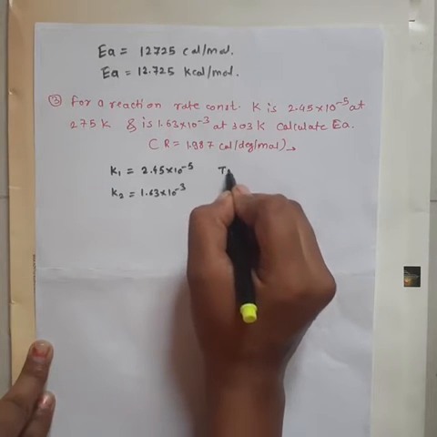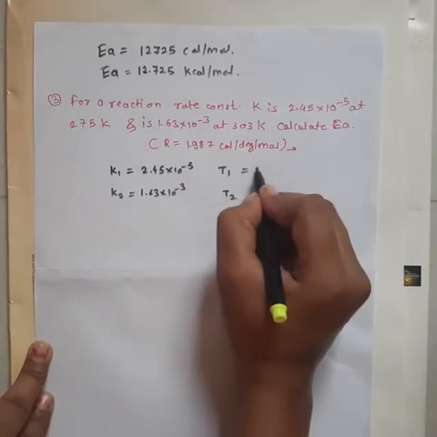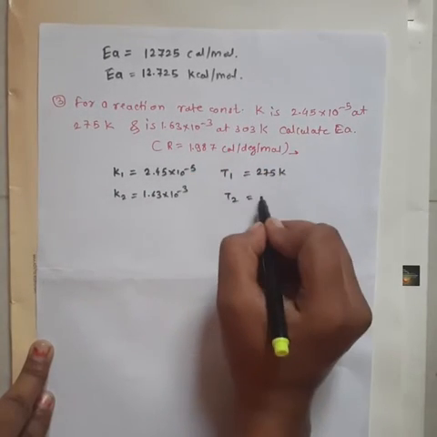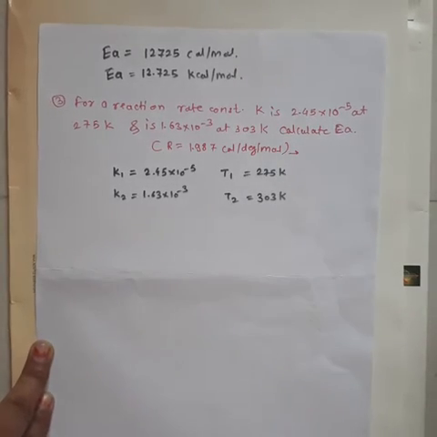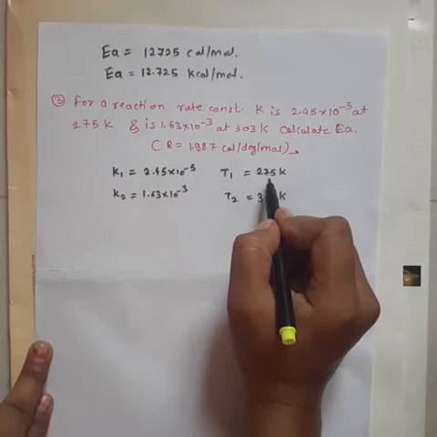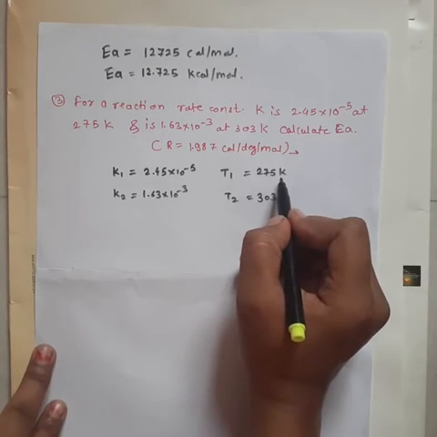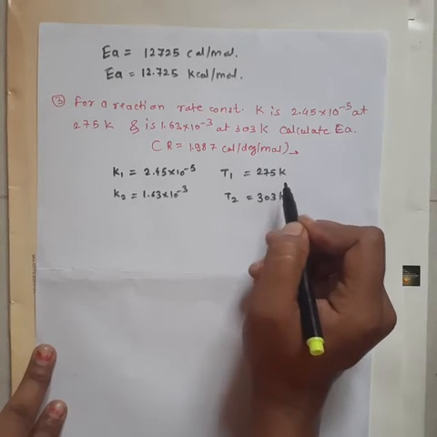And what is T1 and T2? T1 is the lower temperature, that is 275 Kelvin, and T2 is the higher temperature, that is 303 Kelvin. So here we did not have to convert this temperature into Kelvin because it is already given in Kelvin. If temperature is given in degree Celsius, we have to convert into Kelvin.